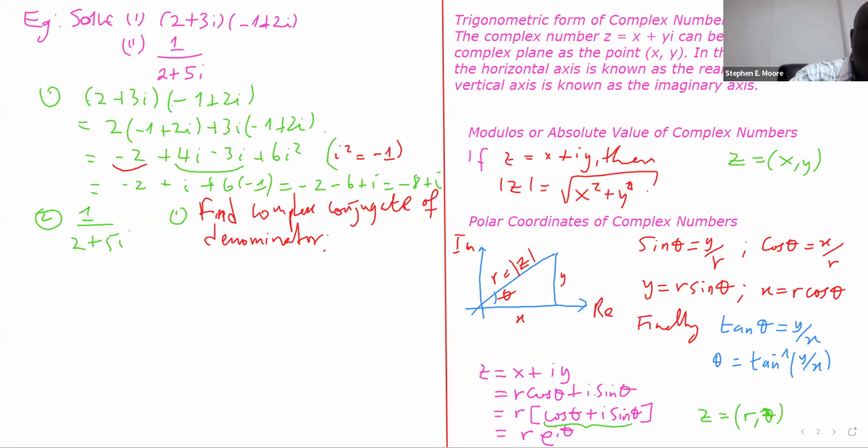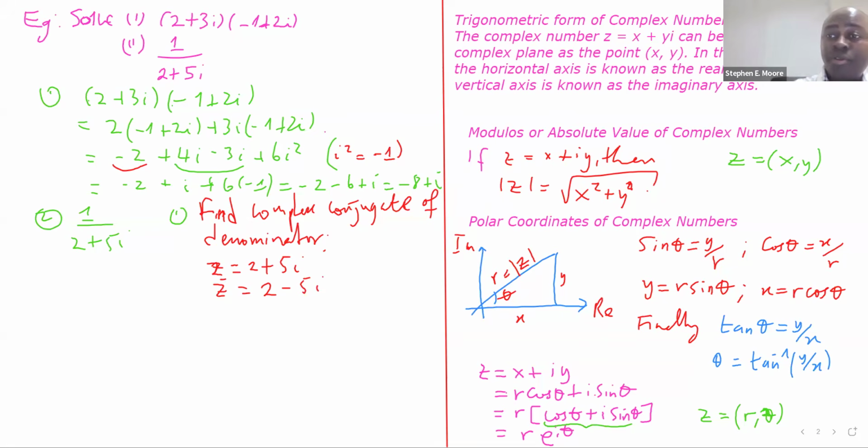So here, if z is equal to 2 plus 5i, then its complex conjugate is 2 minus 5i. Okay, and then now you multiply the numerator and the denominator by this complex conjugate.